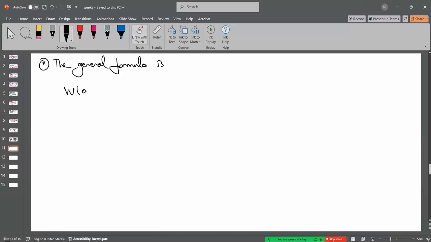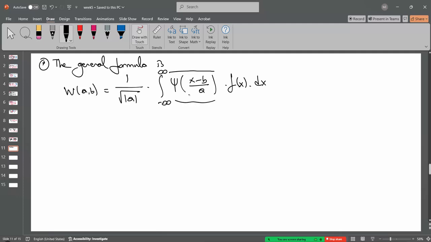We have A and B, the scale and shift factors in here, just like this one: 1 divided by square root of A, times the integral from minus infinity to infinity, and also we have some basis function psi((x minus b) divided by A), times f(x) times dx. Okay, this is the convolution, the conjugate, and so this defines the convolution kernel.